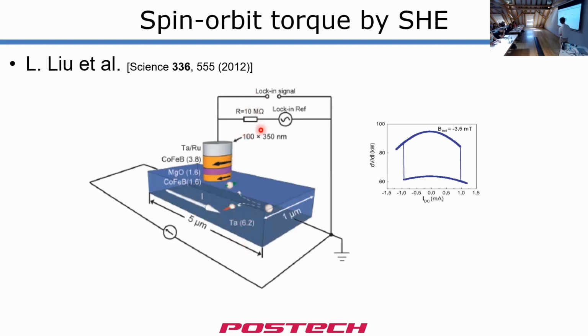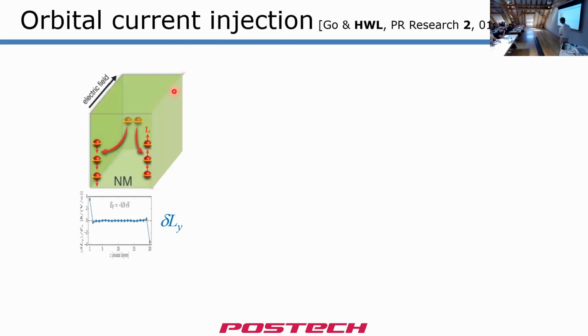So with Seika, we tried to construct some orbital analog of a spin torque. We know that if a spin current is injected into a ferromagnet, that can tilt the magnetization direction. That is the spin torque. So we imagined that maybe something similar may happen if we inject orbital angular momentum into a ferromagnet.